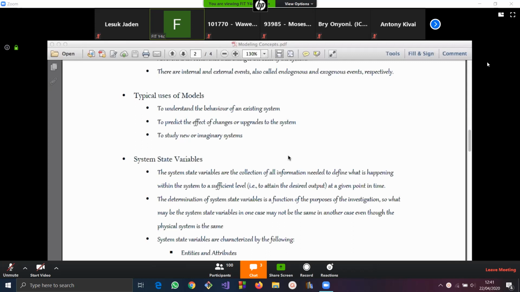And so those aspects of variables that we need, or that piece of information that we need from that business, form what we call state variables, because without knowing, for instance, the sales per day of a business, we cannot say how well the business is doing.